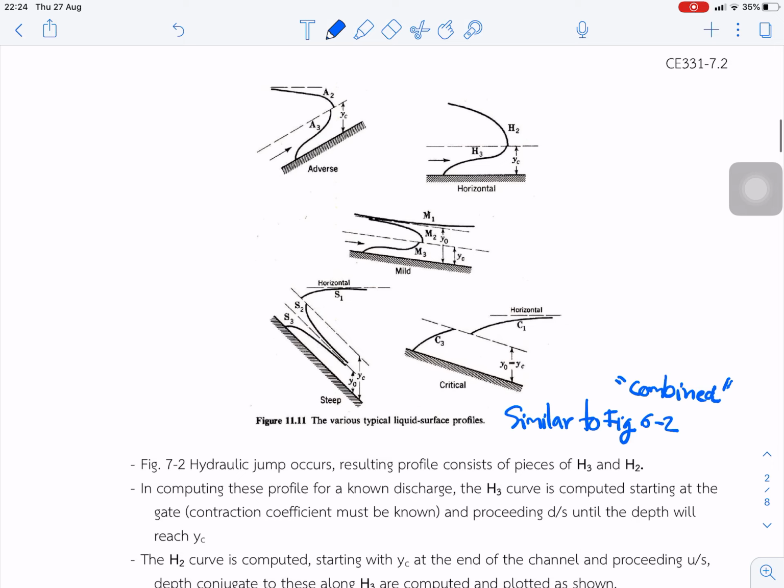For example, for the mild slope, if the water surface is above normal depth, we call it M1. In between normal depth and YC, we call it M2, and below YC, we call it M3.